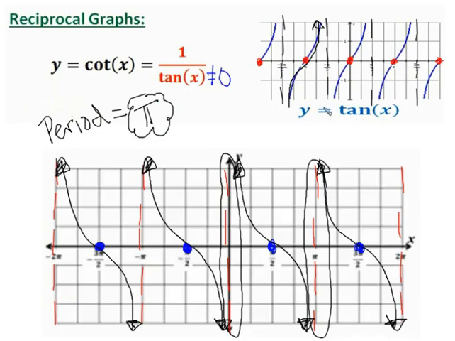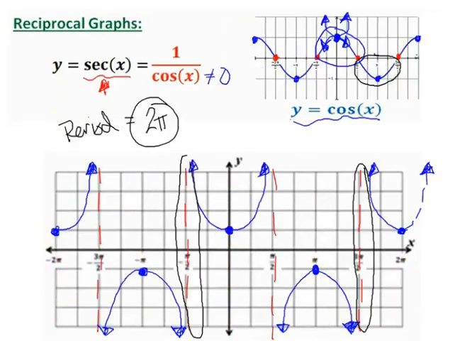So here's what you can do. Notice how we easily created all these reciprocal graphs from the originals. So if you really understand the original cosine, sine, and tangent graphs, these are easily duplicated for the reciprocal graphs. Or, if you can't really analyze these to help you get the reciprocals, you can simply try to memorize what these reciprocal graphs look like.